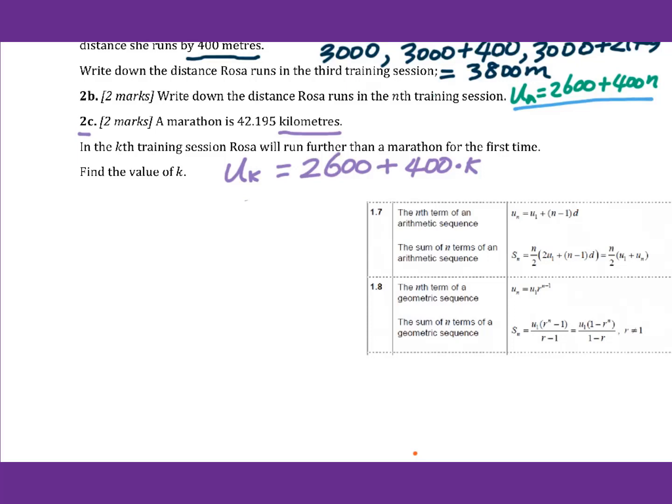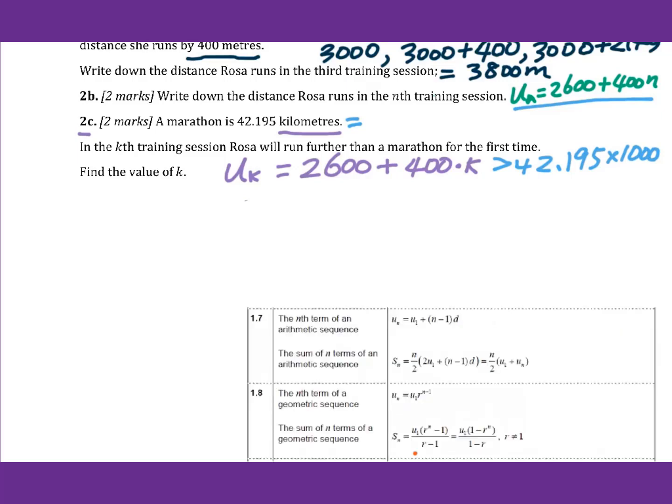Then we set up greater than 42.195. Remember, you need to change kilometers into meters. That means times 1,000. We will use the equation solver to solve this inequality.